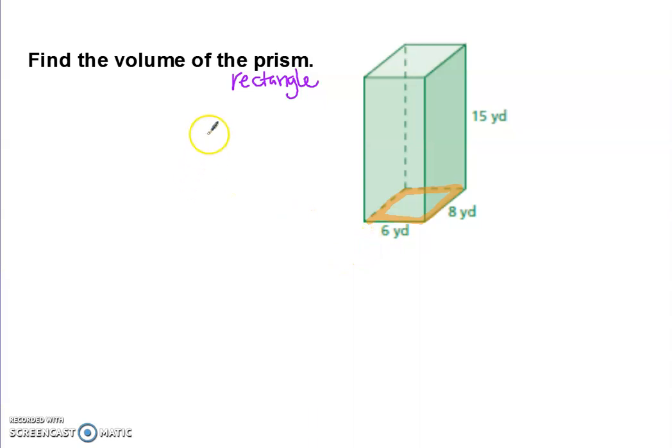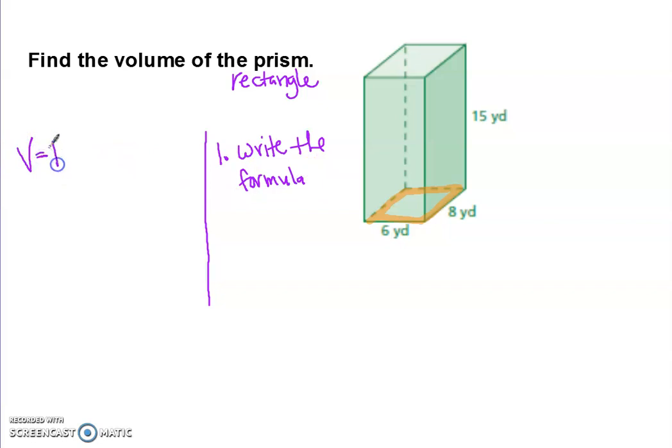Now we're going to write some steps in the steps and notes column. The very first thing that you should do is write the formula down. Volume is equal to the area of the base times the height. The next thing you need to do is find the area of the base.